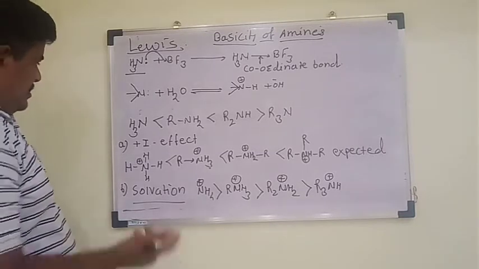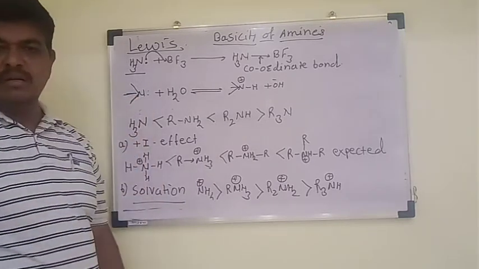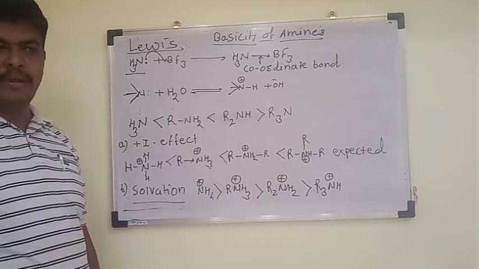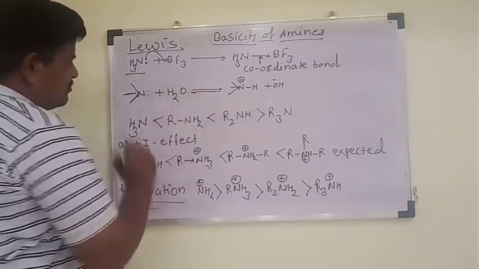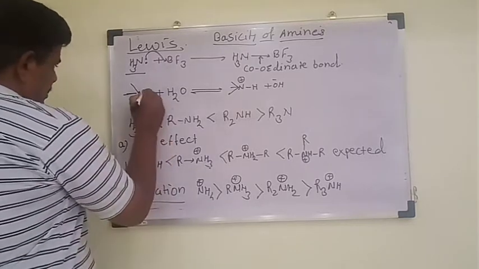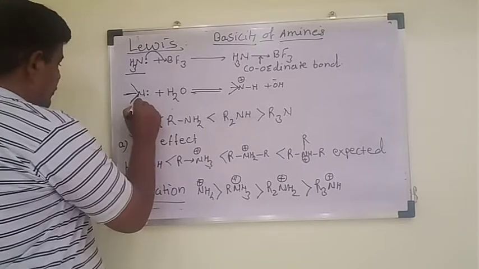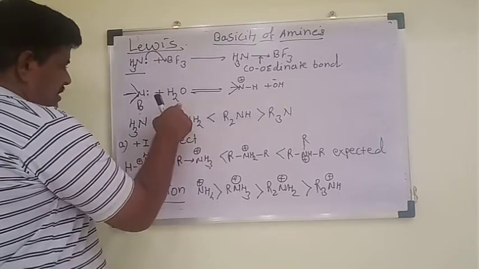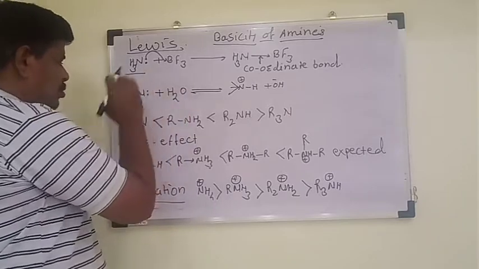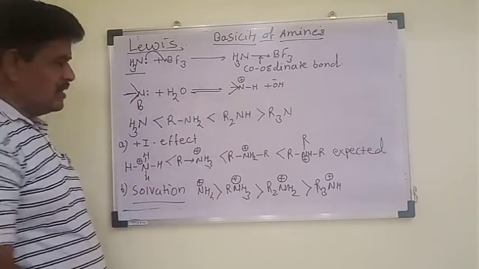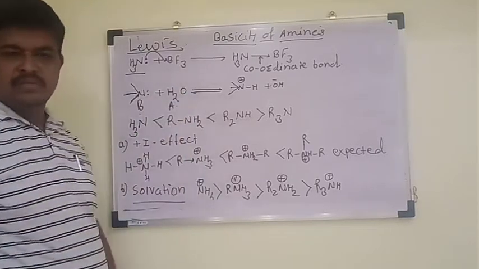In another way, if we consider this nitrogen derivative, or we can say primary, secondary or tertiary amine, when it is treated with water, if it has the ability to donate the electron, this is a base. Here water has hydrogen, so hydrogen can be donated to nitrogen, and hence we can say water is an acid.